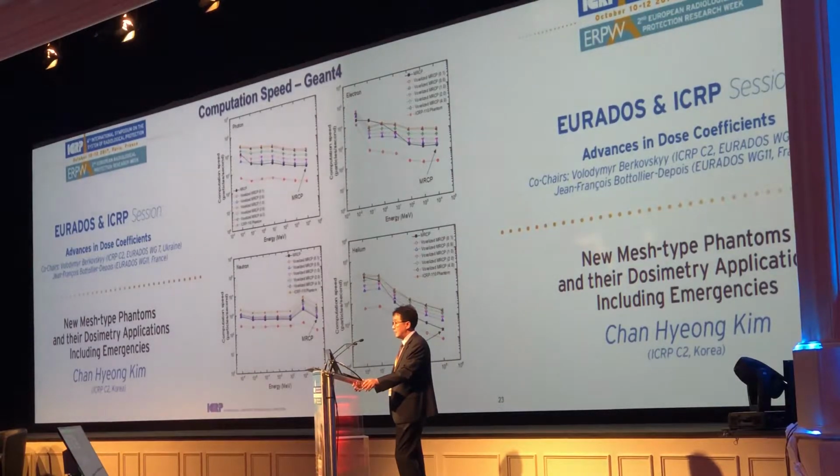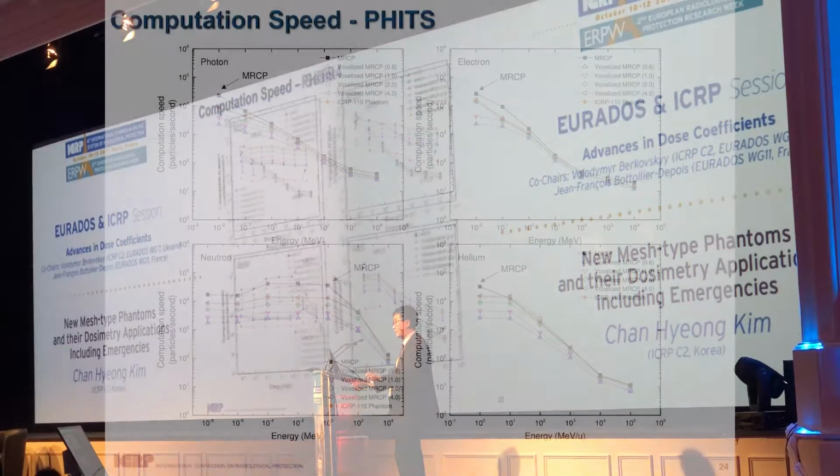And we can see about the same trend with neutron. But for electrons and helium, there's nothing I can say, but roughly I can say the speed of mesh phantom is just comparable to the speed of voxel phantoms with different resolutions.